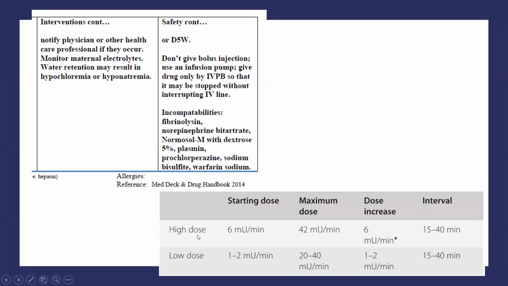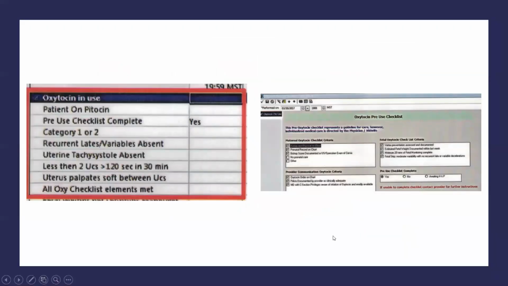So here are some starting dosages for your Pitocin, and this information was taken from this MedDeck book in 2014. This medication, like I said, is one of the number one medications that we see related to our lawsuits in labor and delivery.